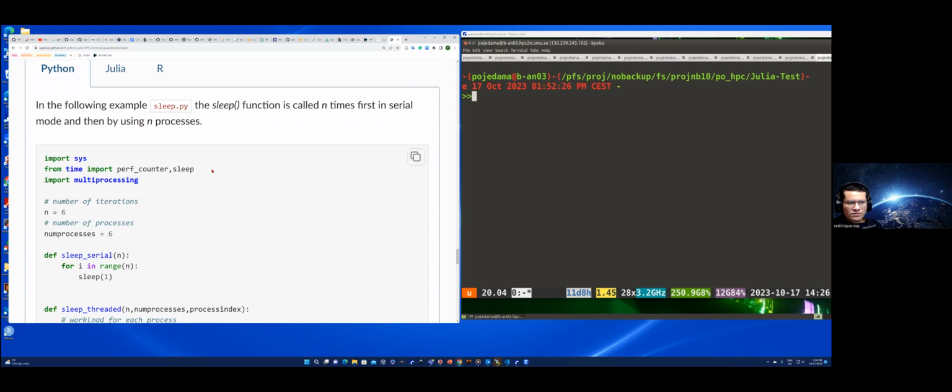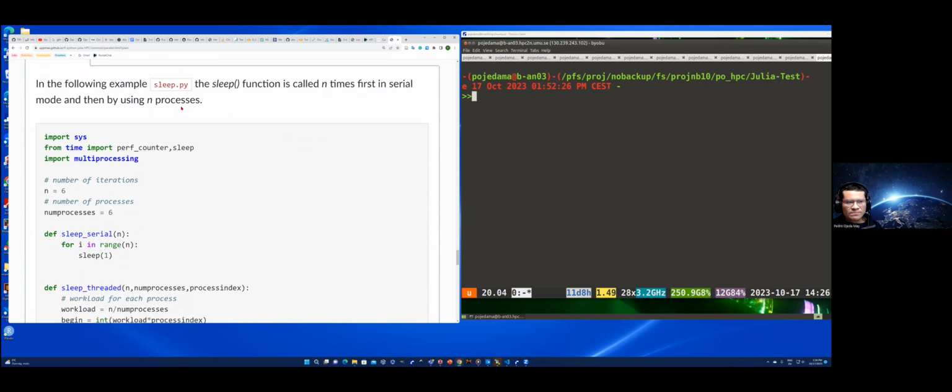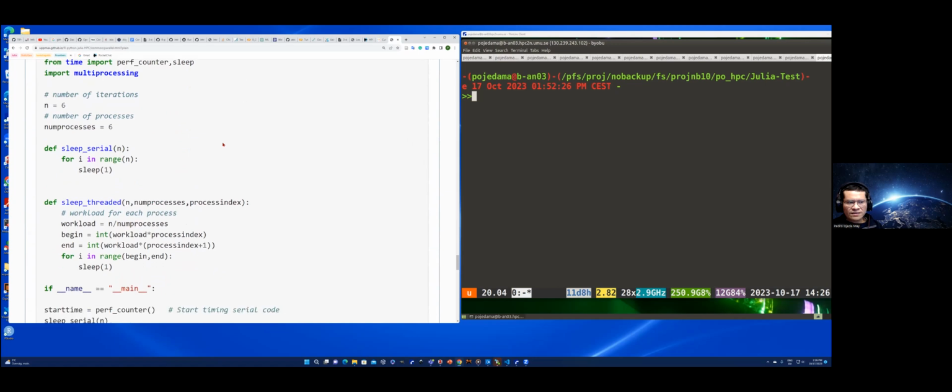Here I wanted to show you a simple code in Python, a sleep function. I call it sleep.py. Essentially, what I'm doing is running a for loop, and then the code will sleep for 1 second.